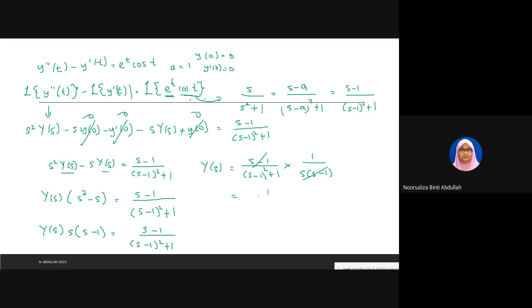Then you have 1 over s, 1 over s apa? s tolak 1 kuasa 2 tambah 1.